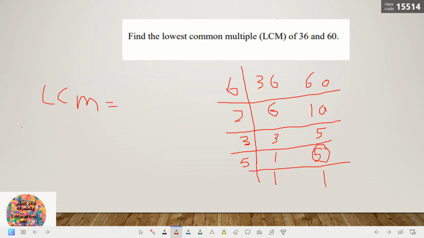I have to multiply 6 by 2 by 3 by 5. The best way is to multiply 2 times 5, which is 10. 10 times 3 is 30. 30 times 6 is 180. So the answer, the least common multiple of 36 and 60, is 180.